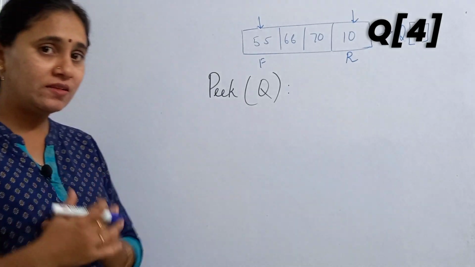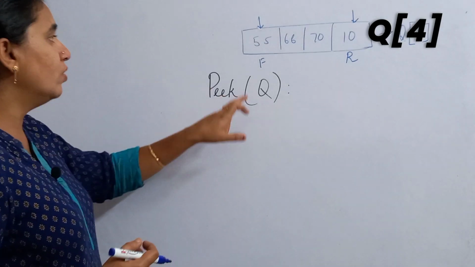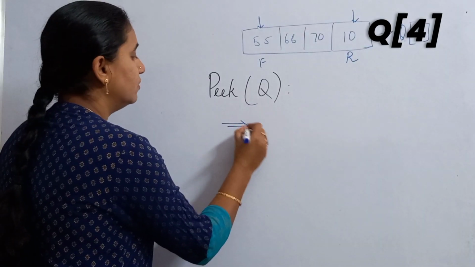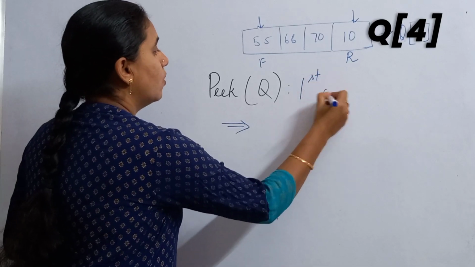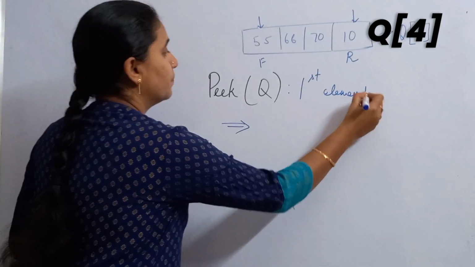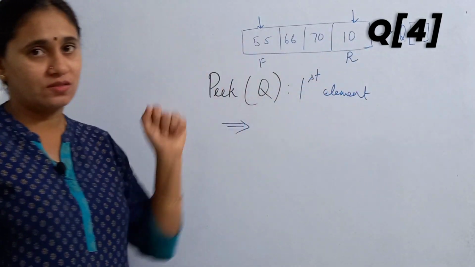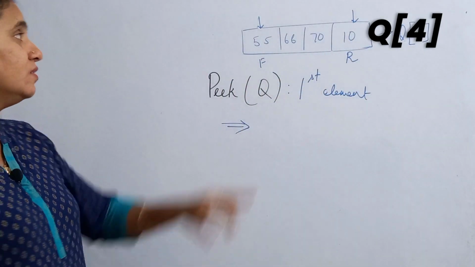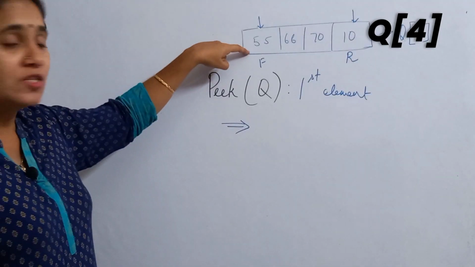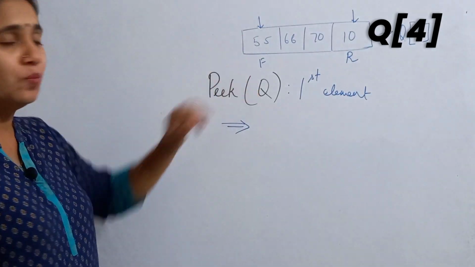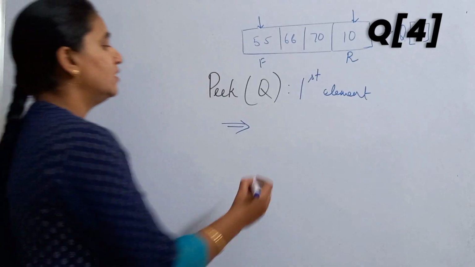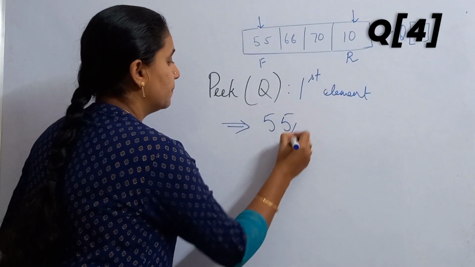Can you please guess the answer? It is going to return the first element of the Q data structure. Here, what is the first element? This or this? The first element is the value pointed to by the front pointer, isn't it? So it will return the answer as 55.